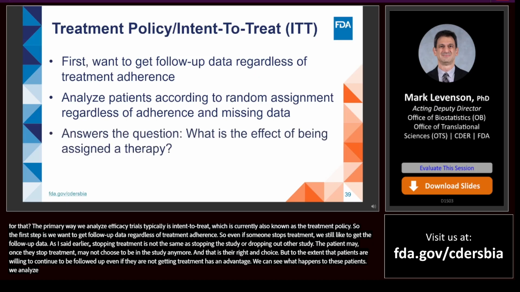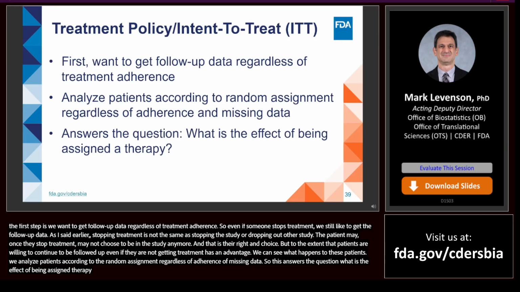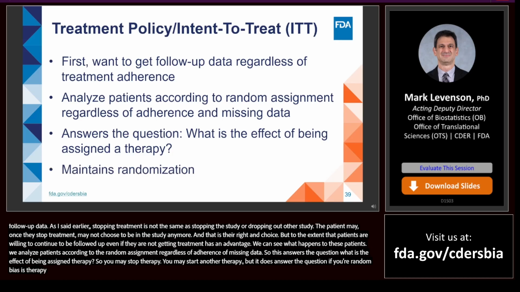So this answers the question, what is the effect of being assigned therapy? So you may stop therapy, you may start another therapy, but it does answer the question, if you're randomized to this therapy, what is the effect? And importantly, it maintains the randomization, because you're still comparing people randomized to one group versus the other group.